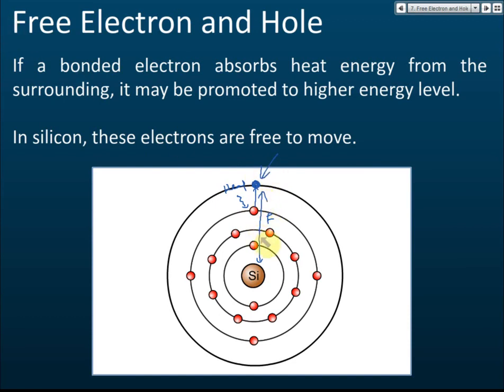So therefore, a semiconductor cannot conduct electricity at room temperature, but it can conduct electricity at higher temperature. If the temperature increases, then they can conduct electricity. That is the semiconductor. Because the attraction force between the valence electron and the core is not very strong, the electron can jump out and become a free electron.